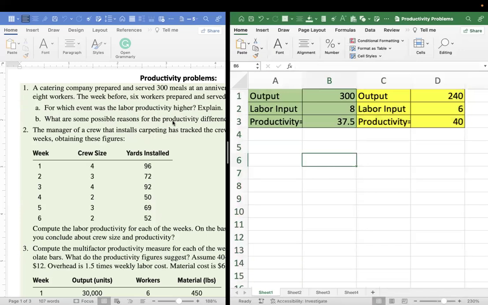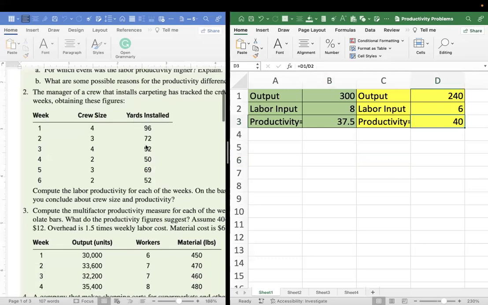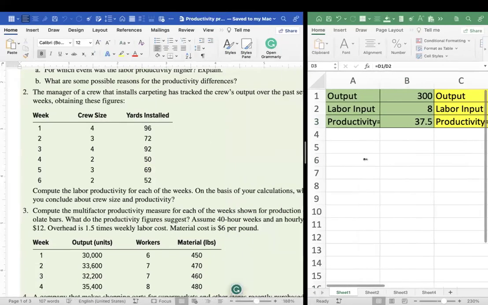But the answer to this question is qualitative, which means you write it in the form of a sentence. There is no numerical answer. For the first part, the answer is 37.5 and 40, but for this one, it's just a qualitative statement.